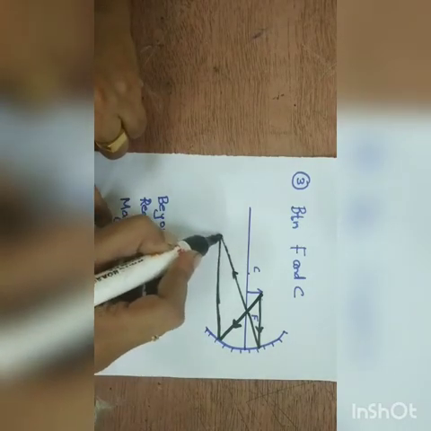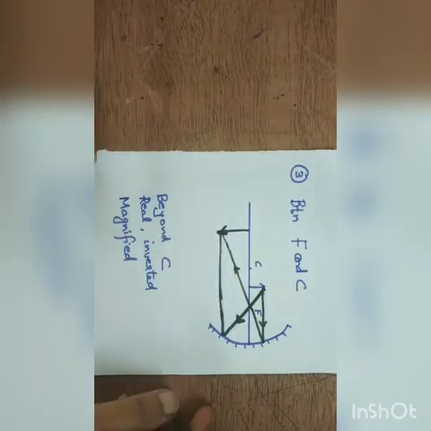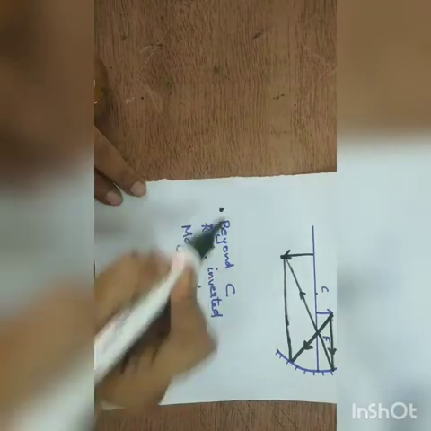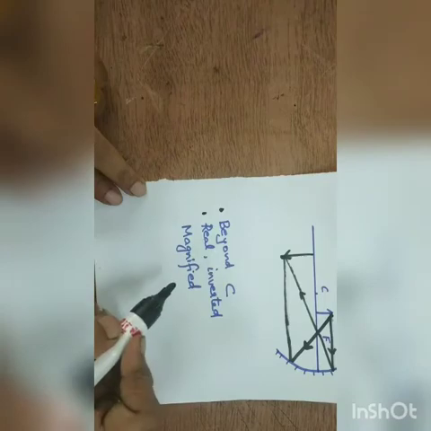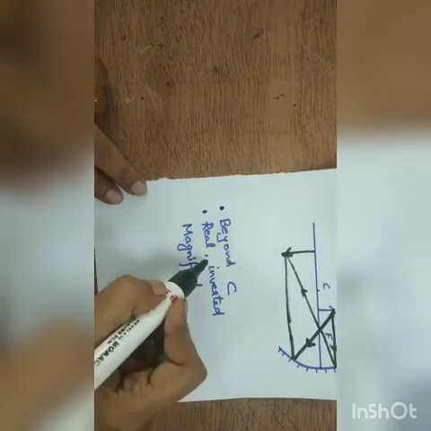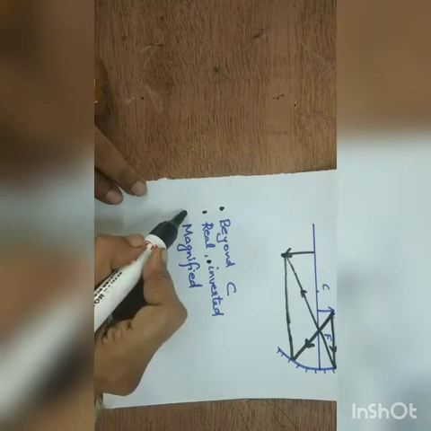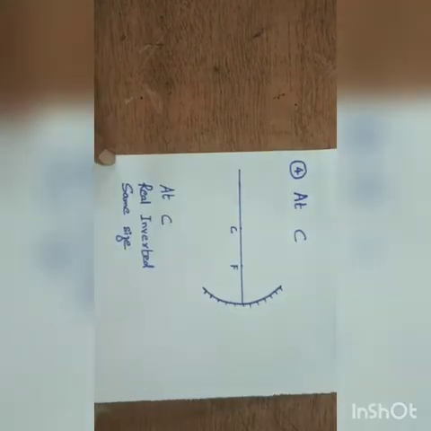And they actually meet here. So, what are the properties of the image formed? The image is formed beyond C. It is a real image, the rays are actually meeting. It's an inverted image, downwards, and a magnified image. The image is bigger than the object.